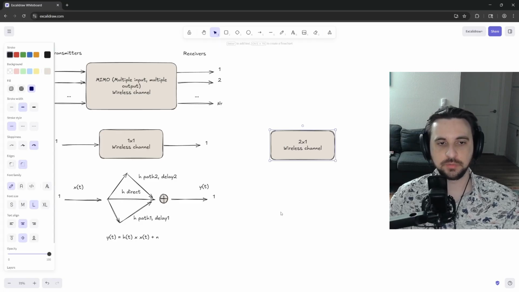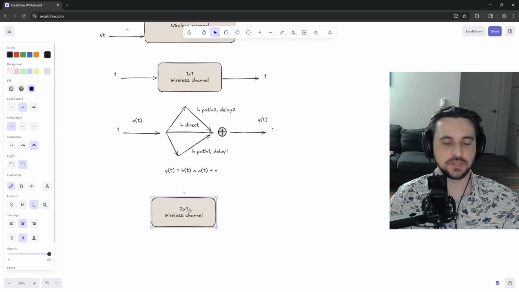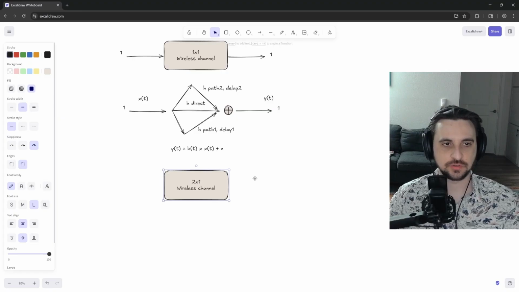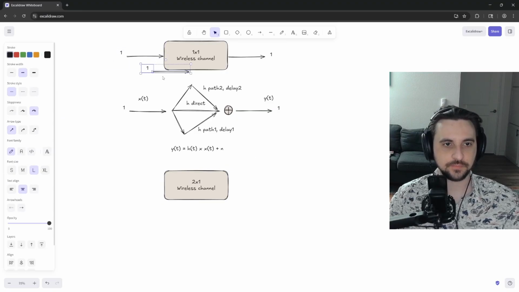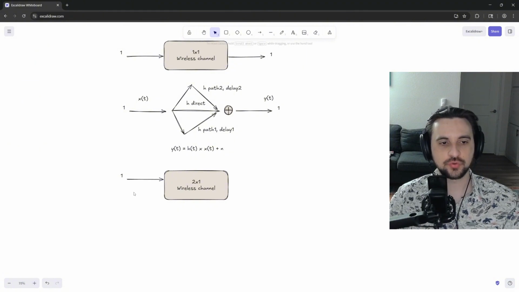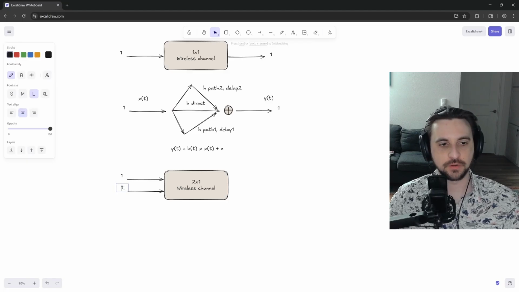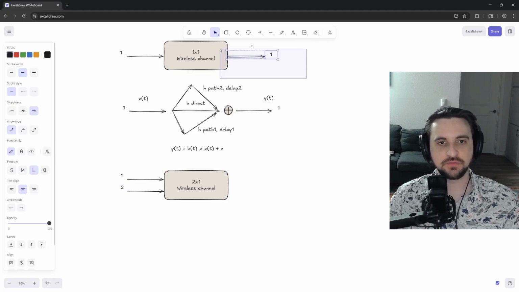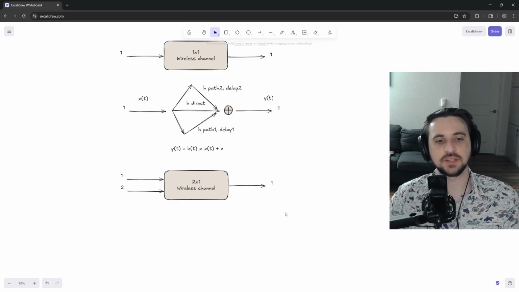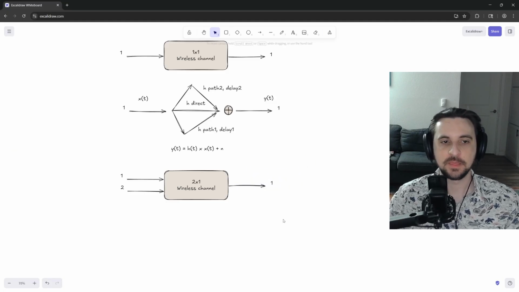This is a bit more complicated now. Well, not really. It's still an equation. So what do we have here? We're going to have 2 transmitters and 1 receiver. Now, in real life, this is very hard. It's like trying to hear 2 people speak about something simultaneously.